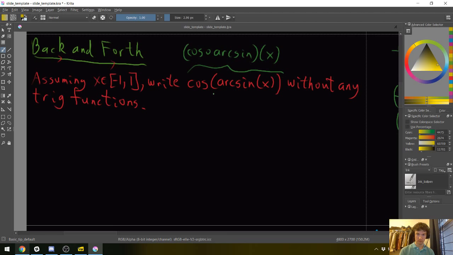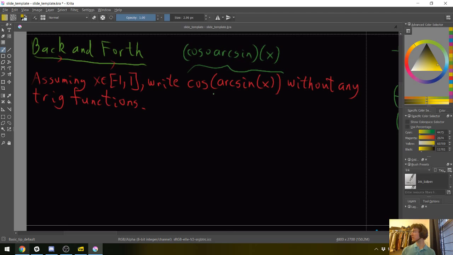A substitute for cosine would be sine shifted by pi over 2. Oh, good. That's interesting. Yeah, does that help us? So you're saying cosine of theta plus pi over 2 is going to look like sine of theta.